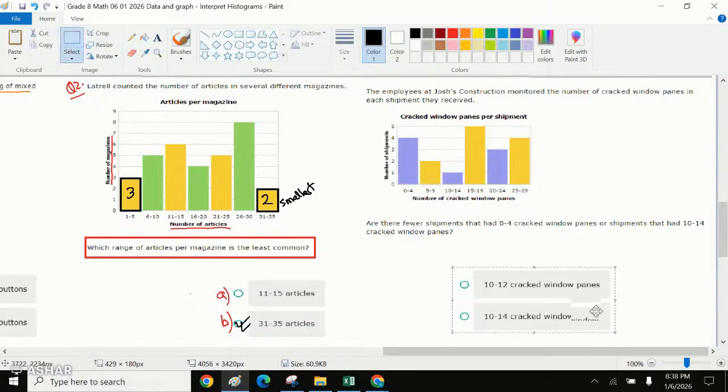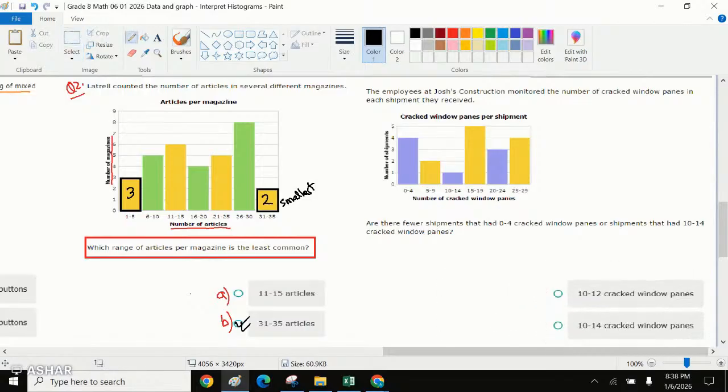The question number 3. In question number 3, what they're asking us is, the employees at Josh Construction monitor the number of cracked window panes in each shipment they received, right? So we are looking at number of cracked window panes. So the information is given to us.